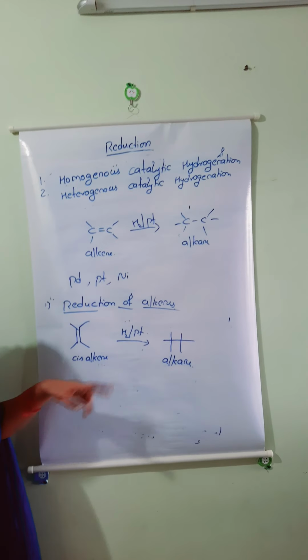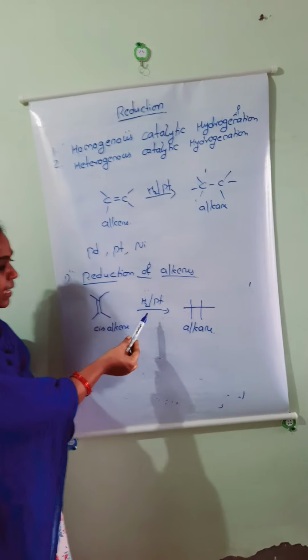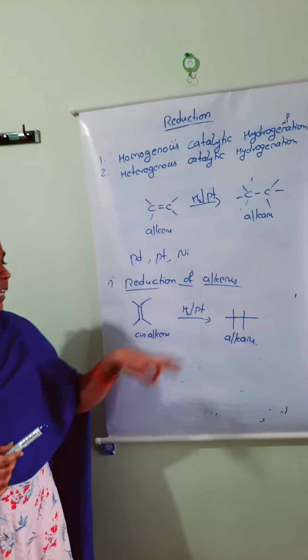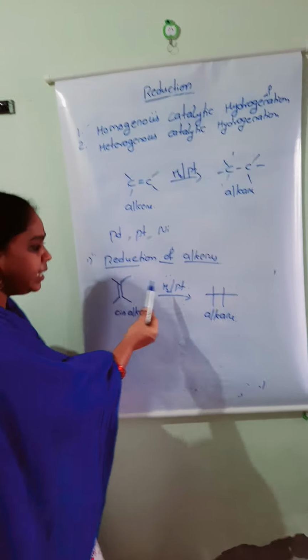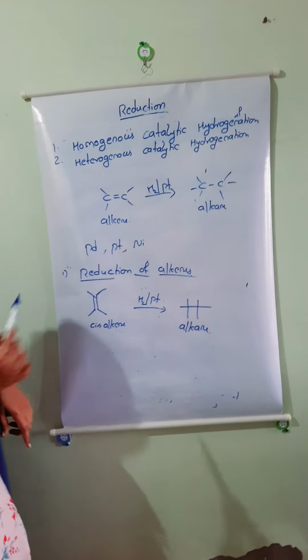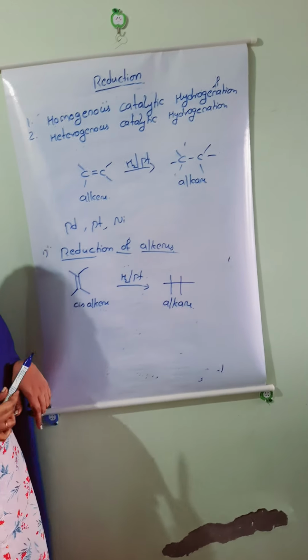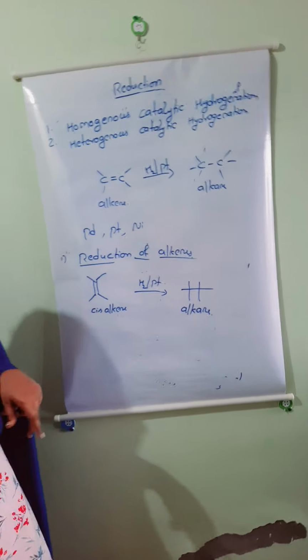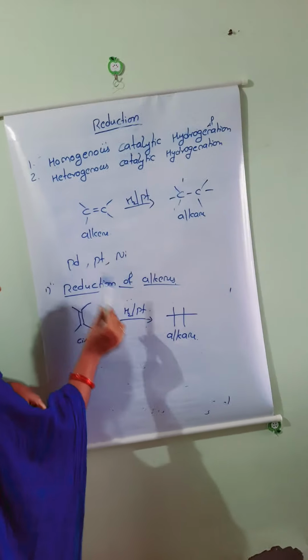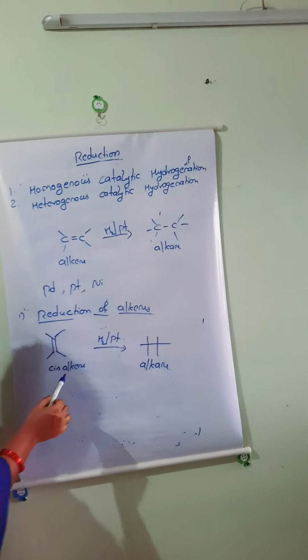In this process, first of all, hydrogen is a gas. It is adsorbed on the catalyst, which contains porous holes. Then the hydrogen is transferred to the alkene, and the resultant alkane is formed. This is the mechanism of this reaction.